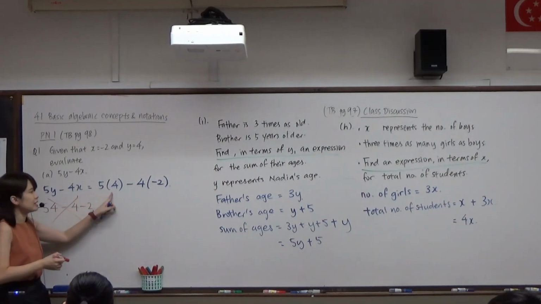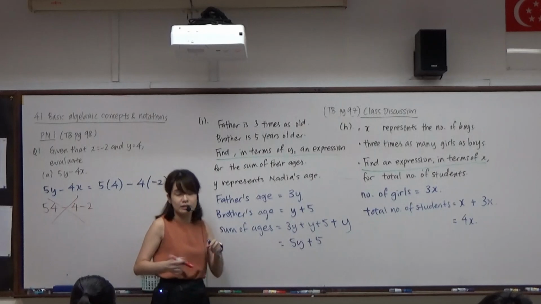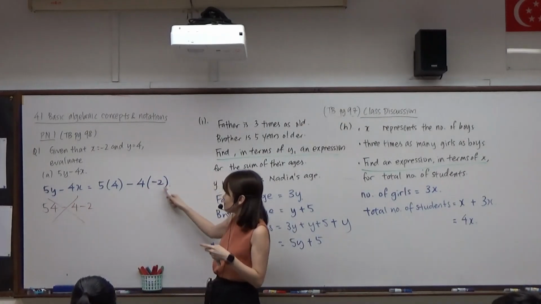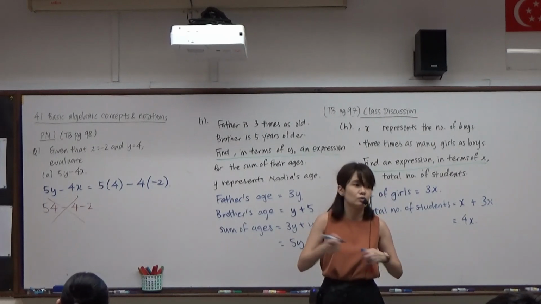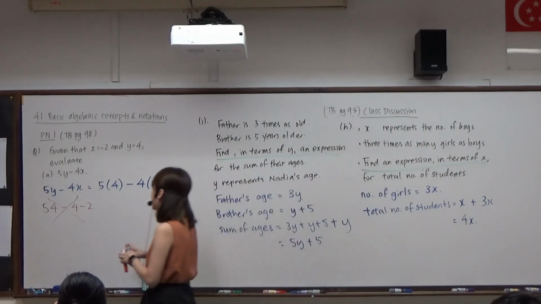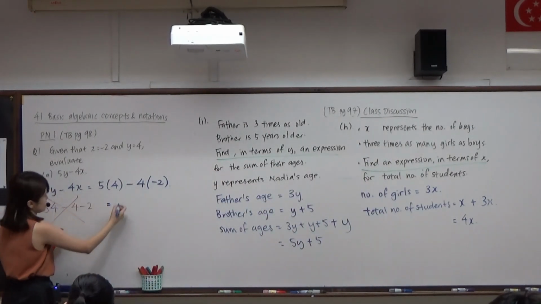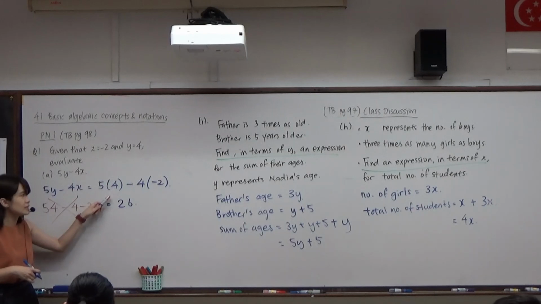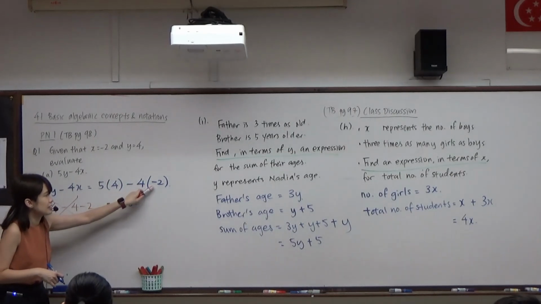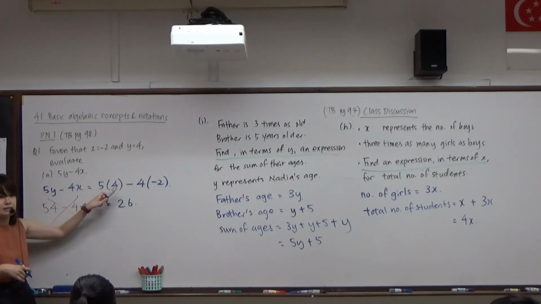Alright, so 5 bracket 4 minus 4 bracket -2. You just have to press into your calculator, no need to do mental sum, and what will we get? 26. Okay, but of course you can do mental sum if you want to. 5 times 4 is 20. -4 times -2 is a plus 8.